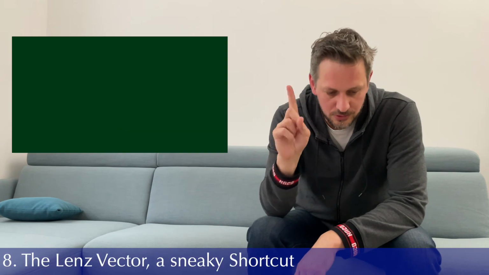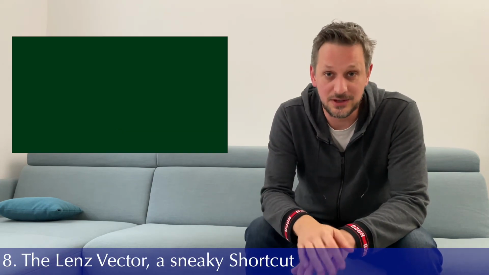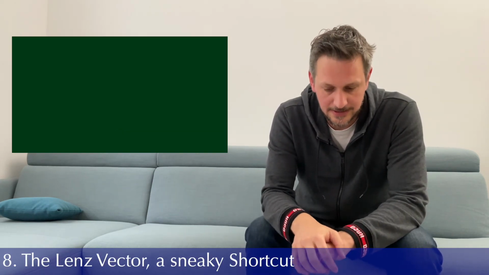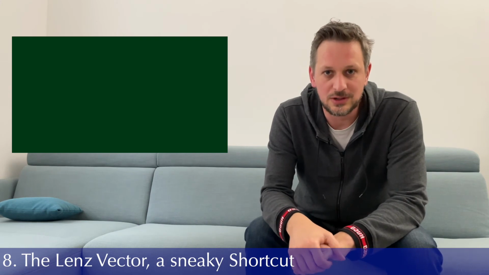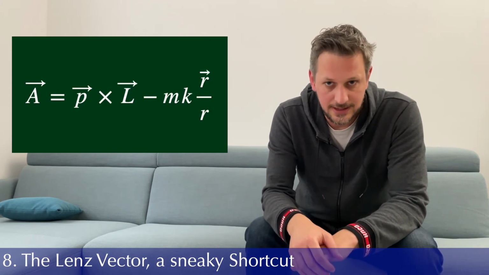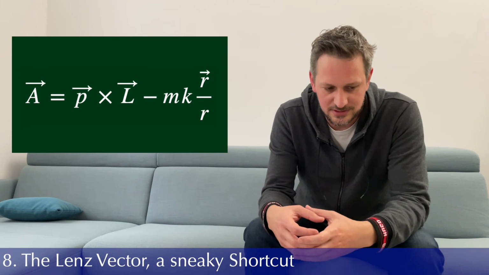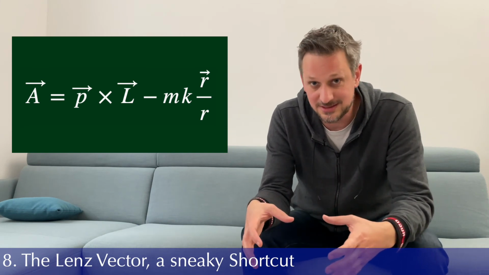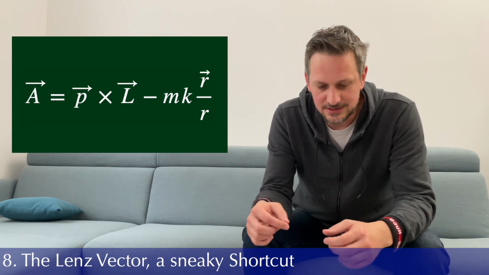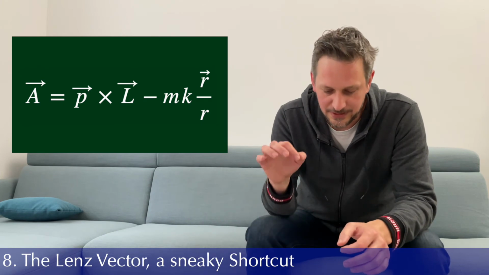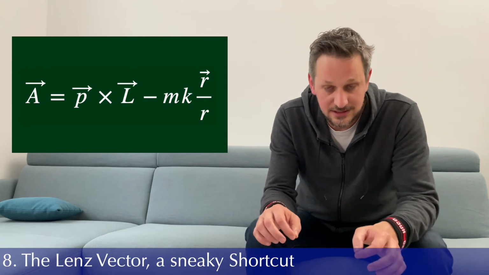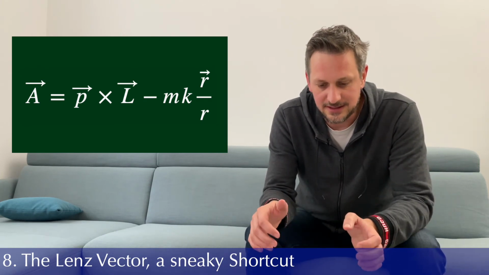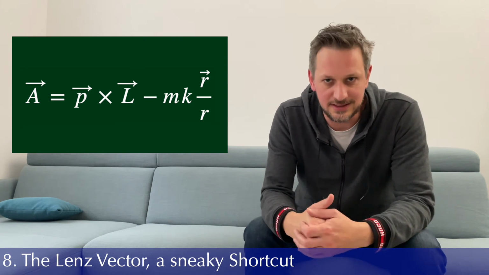There's actually one more conserved quantity in the system which I did not use specifically, and this is the so-called Lenz vector. It already contains information about the curve that is the solution, so the ellipse in our case, because the direction of the vector is from the focus to the perihelion of the ellipse, and its length is proportional to the eccentricity of the ellipse.